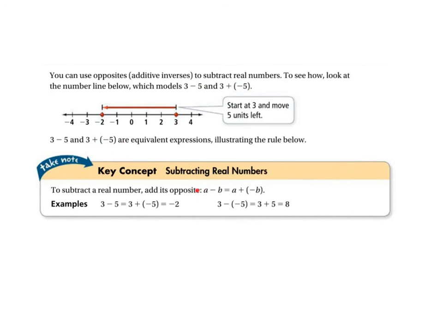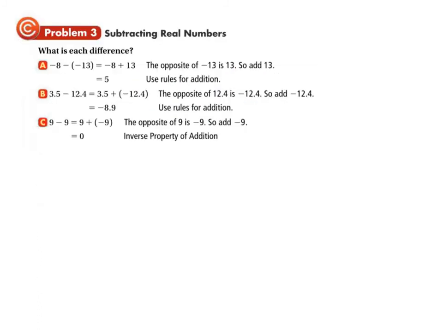Here's what it says. If you have a minus b, that's the same as a plus negative b. This should be familiar to you. So 3 minus 5 is the same as 3 plus negative 5, which is negative 2. If you had 3 minus negative 5, you could turn it to addition by changing this to a positive. So you have 3 plus positive 5 is 8. So we're subtracting real numbers.